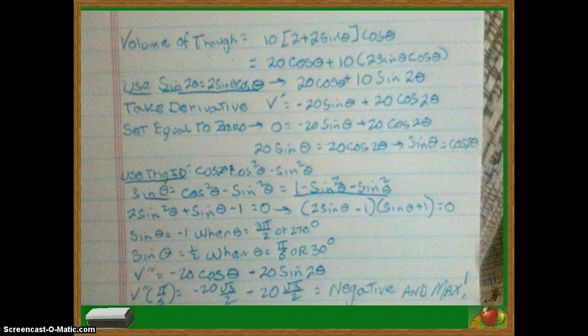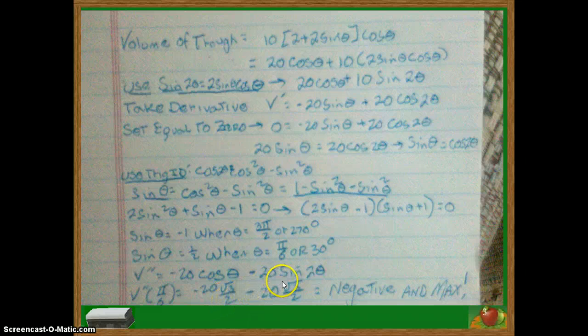So now what we need to show is that it is a maximum. I take the second derivative from my first derivative, and I get negative 20 cosine of theta minus 20 sine of 2 theta. If theta is pi over 6, negative 20 times the cosine of pi over 6, which is root 3 over 2.